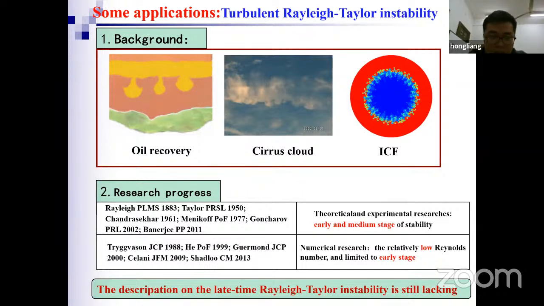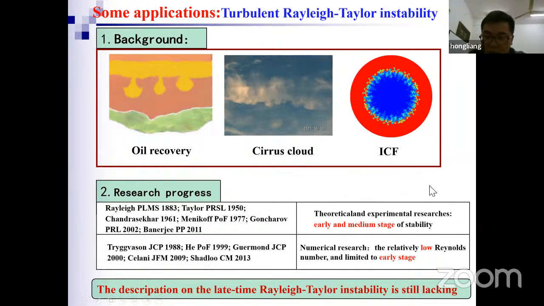From the investigations in this field, we can find that theoretical and experimental studies are limited.